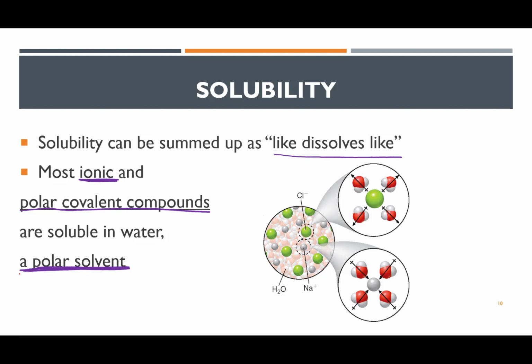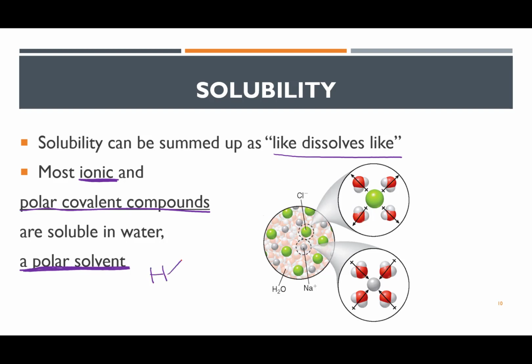Just know that polar compounds are soluble in polar solvents. If you look at this example, sodium chloride is an ionic compound. That's why you could dissolve it in a polar solvent, or water. Water is a polar solvent.